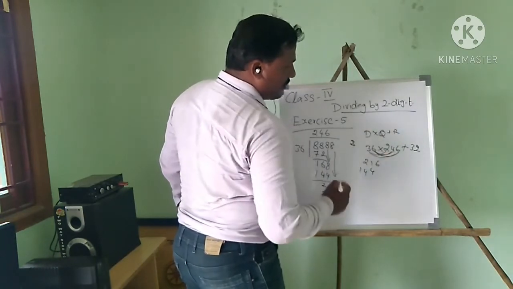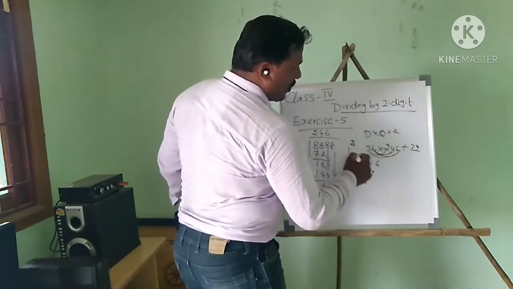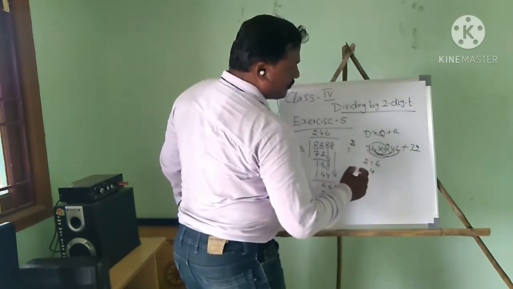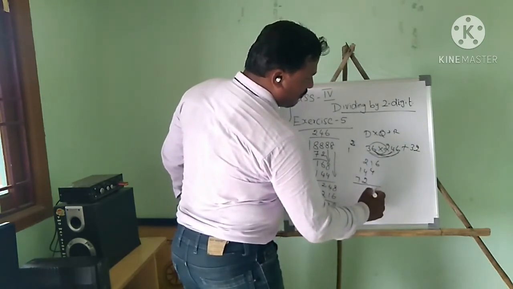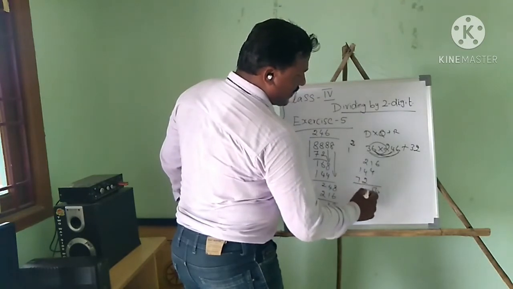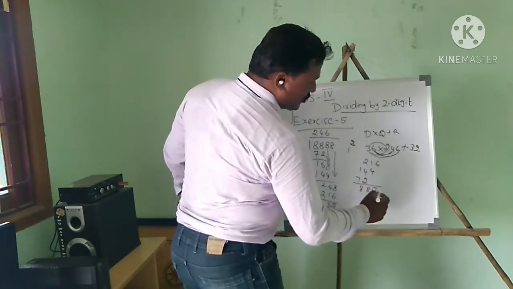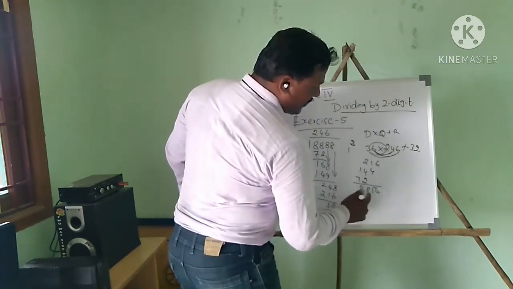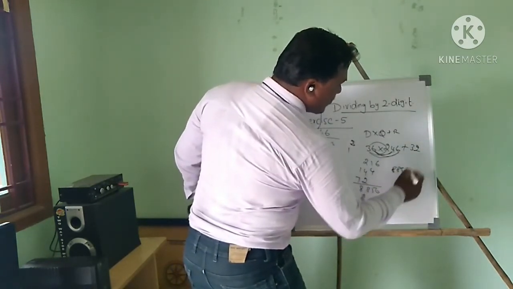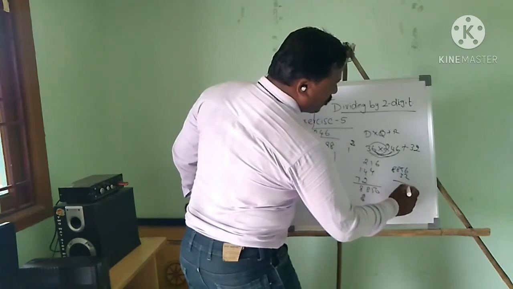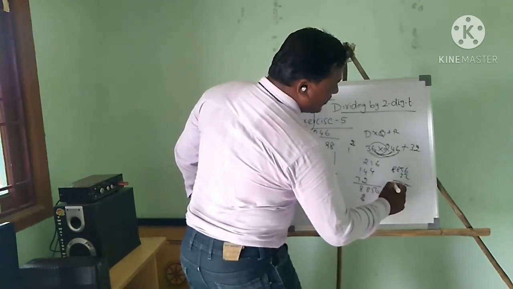Then 2 sixes are 12, remainder 1. 2 threes are 6 plus 1, 7. So 8856. So 8856 plus 32 is 8888.